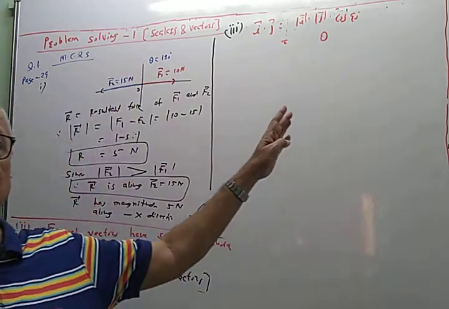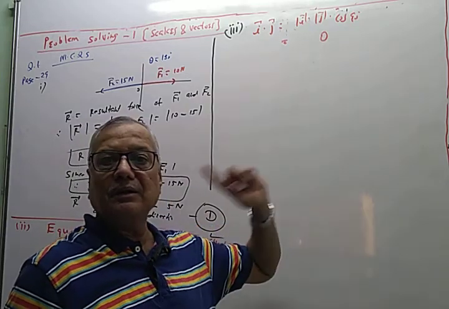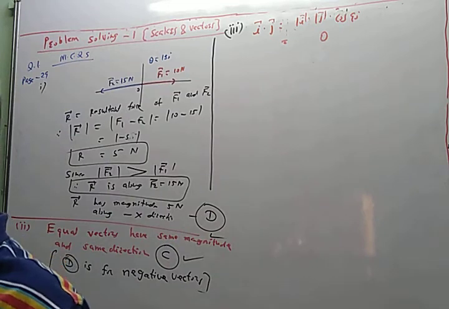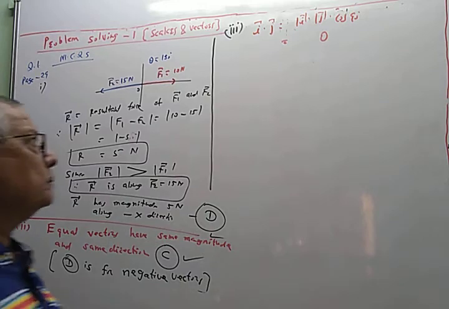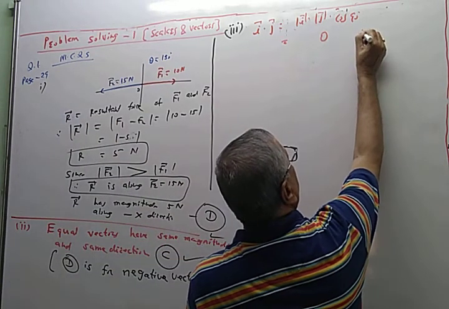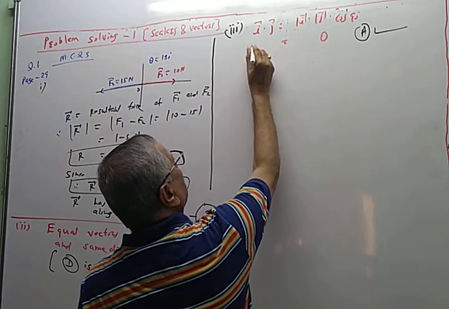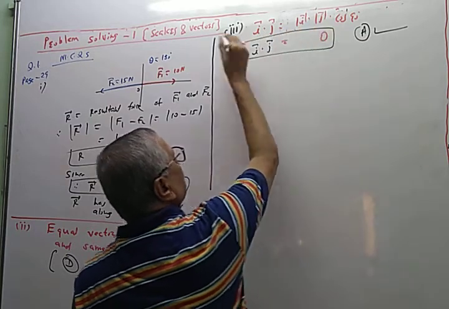In the table we have shown that the diagonal elements are only 1, 1, 1 and the remaining 6 elements are 0. So the dot product of two mutually perpendicular unit vectors is always 0. So the correct choice is A. A is the correct choice. i dot j is equal to 0.